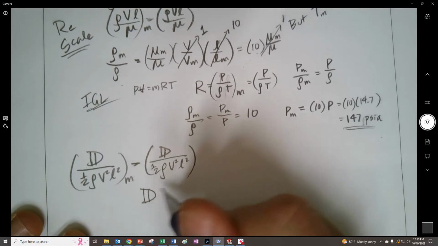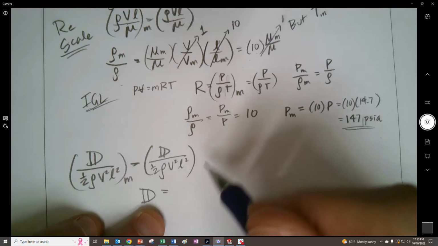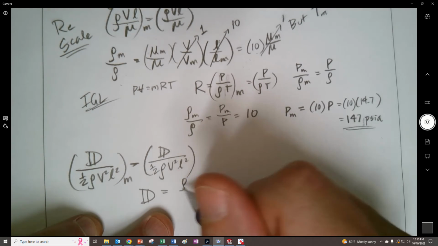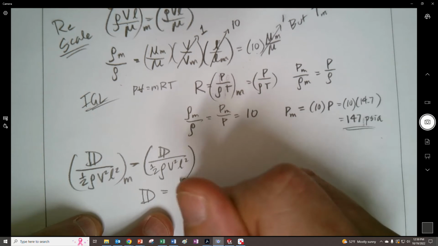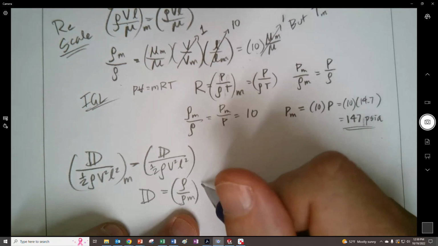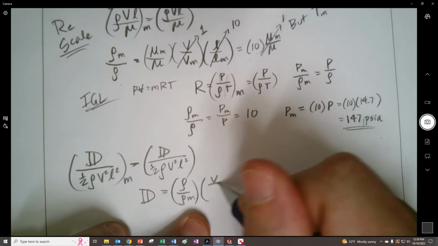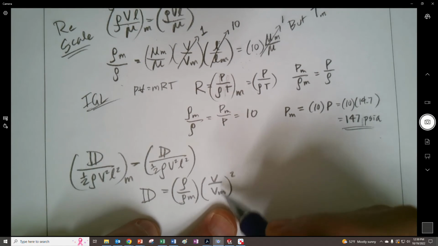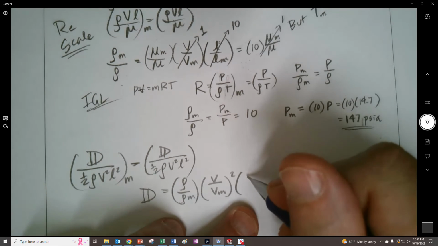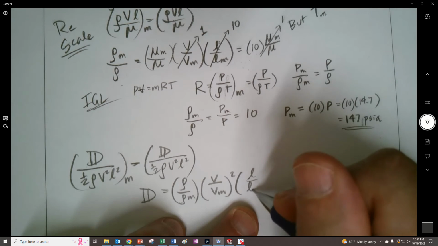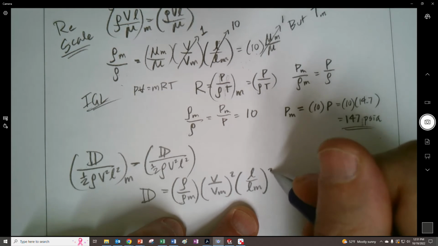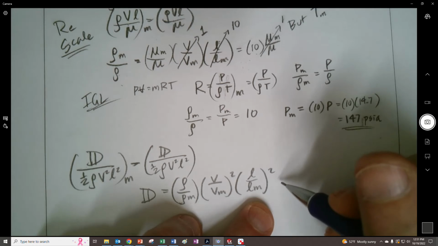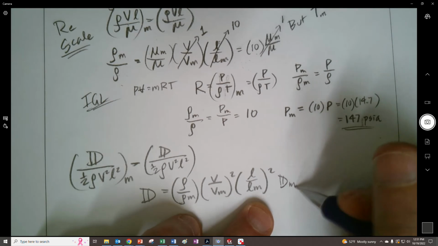So we could write this out. Our main goal is to find the drag of the real thing. So we'll make a ratio of the model. We'll make a scale ratio here of the velocities, and we'll make a scale here of the proportions, the geometry, and we'll have this equal to the model right there.